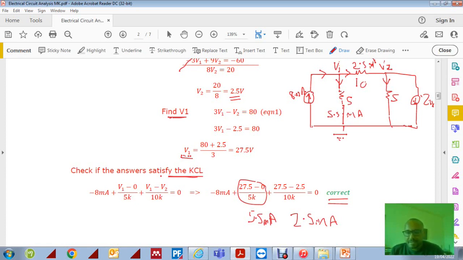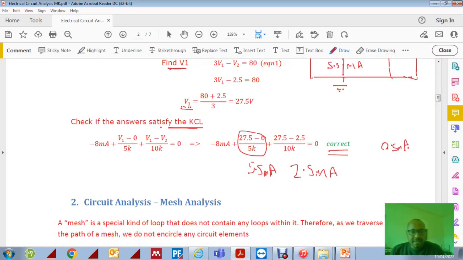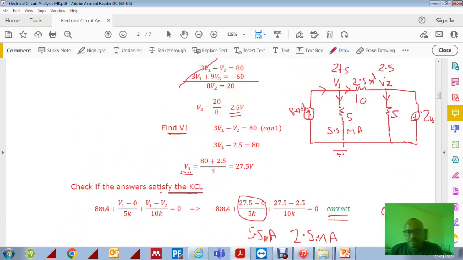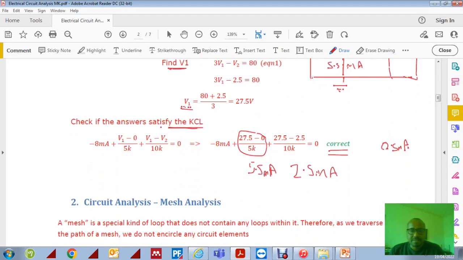So on here is again 0.5 milliamps. What this means is minus 8 milliamps plus 5.5 milliamps plus 2.5 milliamps equals 0. That is using equation 1. Or we could do it using equation 2 as well, but we have to consider this one as well. So as long as it's 0, the answer is correct.